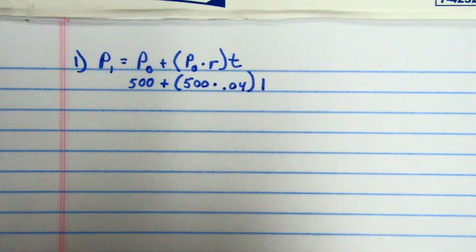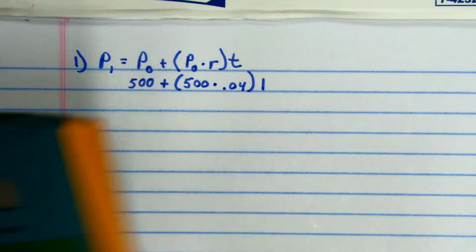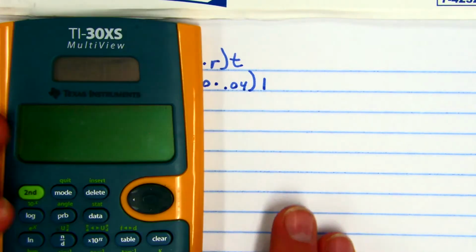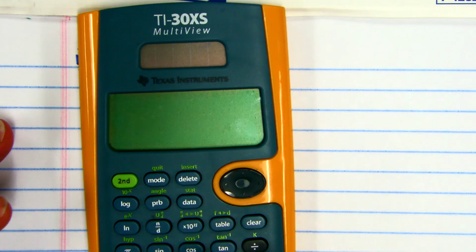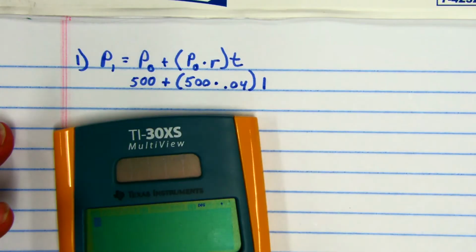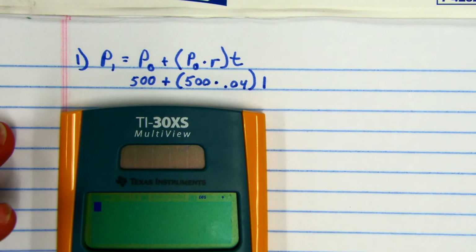Type that into your scientific calculator. Hopefully you know this is one of the ones I've told you should buy, because you literally type in exactly what you have there on the screen.